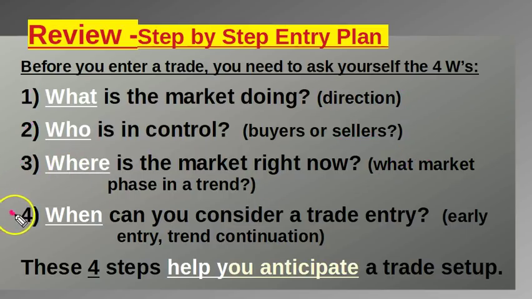And finally, number 4, when can you consider a trade entry? And with our simple, easy to read chart strategy, I've only got 2 entries for you, quite simple, that anyone can follow. You're either looking at an early entry, okay, an early entry, or the second entry consideration is a trend continuation entry type, okay?